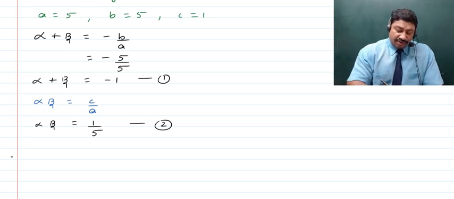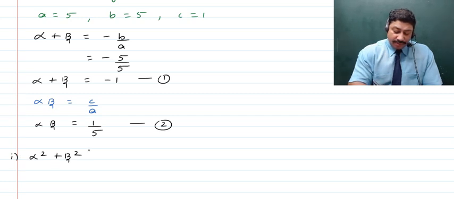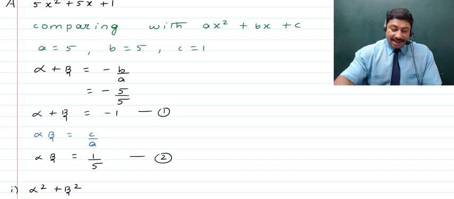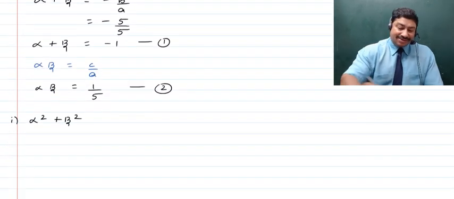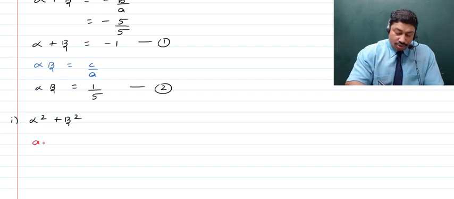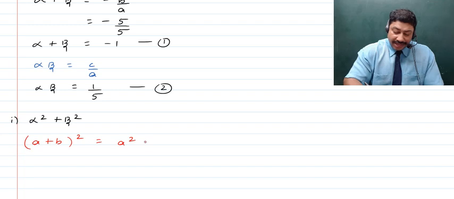So if you talk about the first part here, the first part requires alpha square plus beta square. Now children, I'll just quickly remind you that there is a formula with the help of which you can very easily do this. That is, if you talk about a plus b whole square, you know that that is equal to a square plus b square plus 2ab.